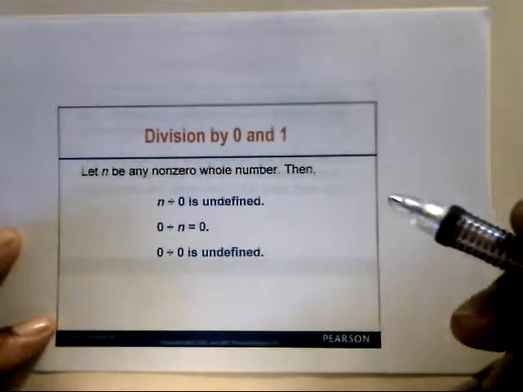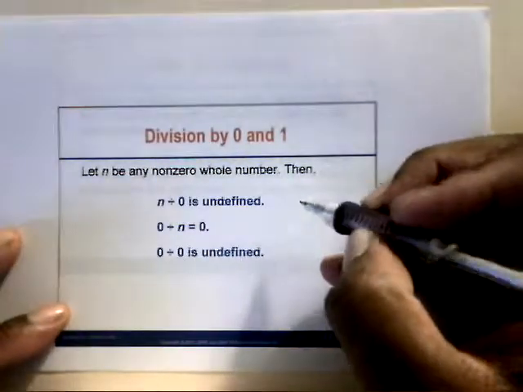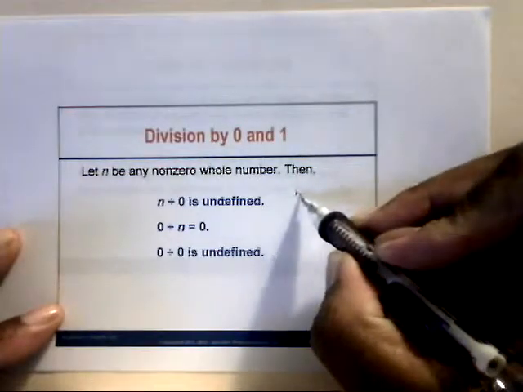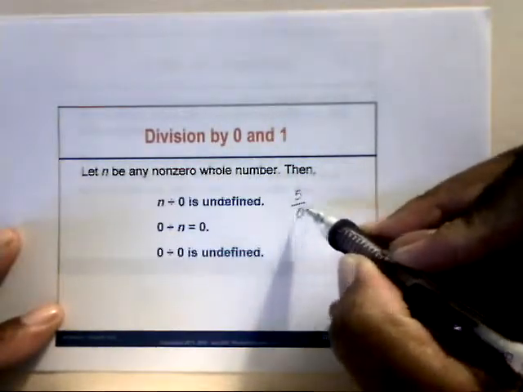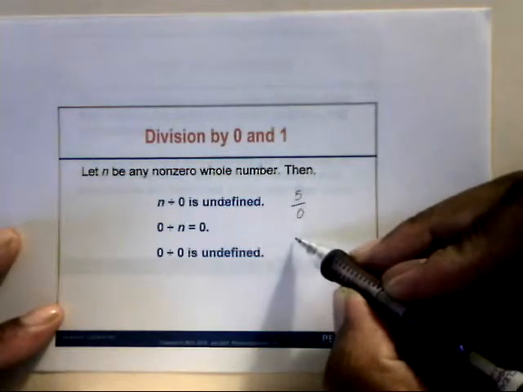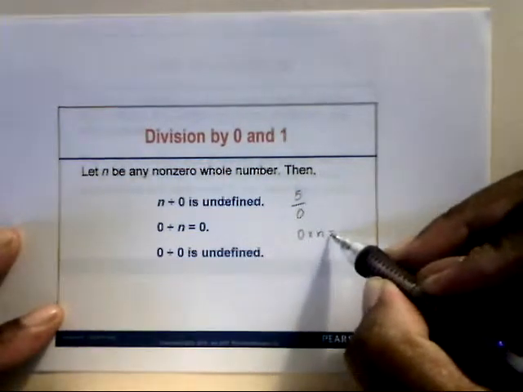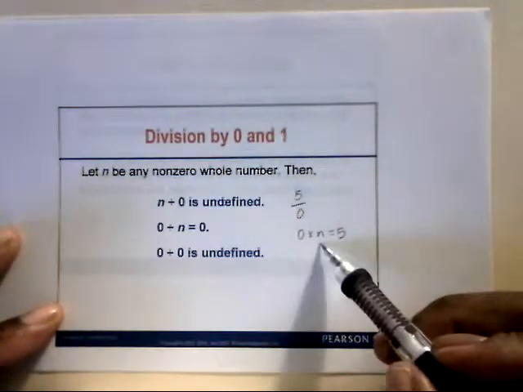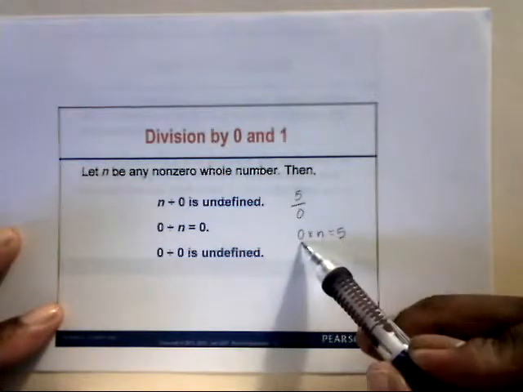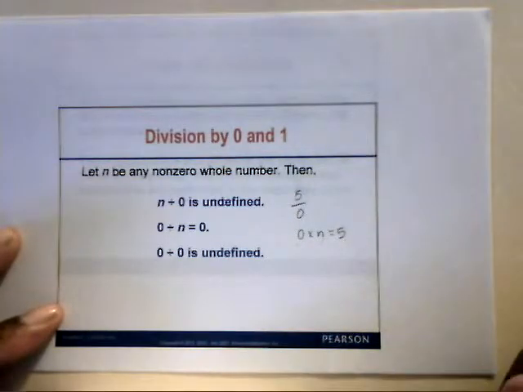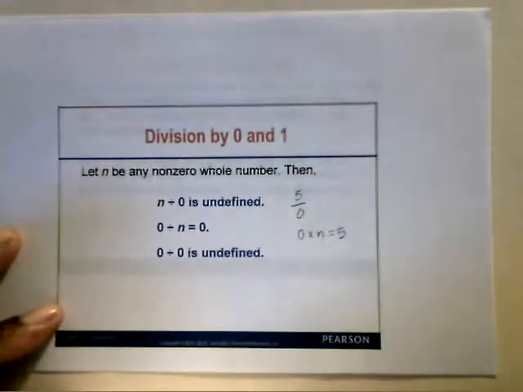And let me explain why. Any number divided by 0 is undefined. If you have 5 divided by 0, that means 0 times some number must give you 5. There is no number multiplied by 0 that's going to give you 5. So that's why division of any non-zero number by 0 is undefined.